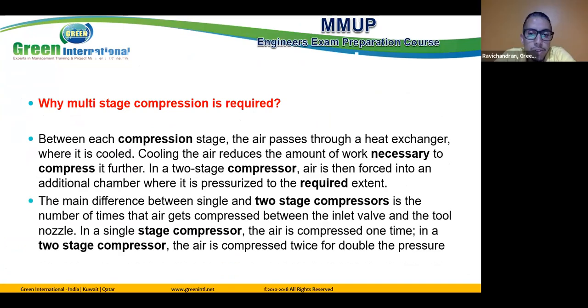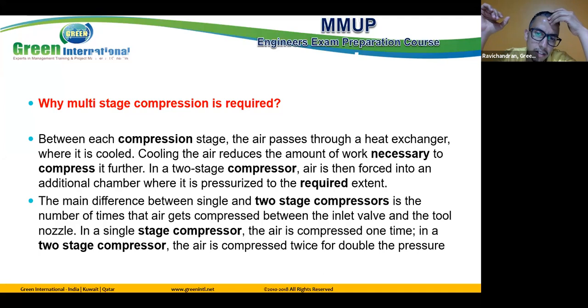Okay, why do we use a multi-stage compressor? You remember at the end of the session when I described the Brayton cycle, I told you the constant pressure lines are close together on the left side and far apart on the right side, correct?